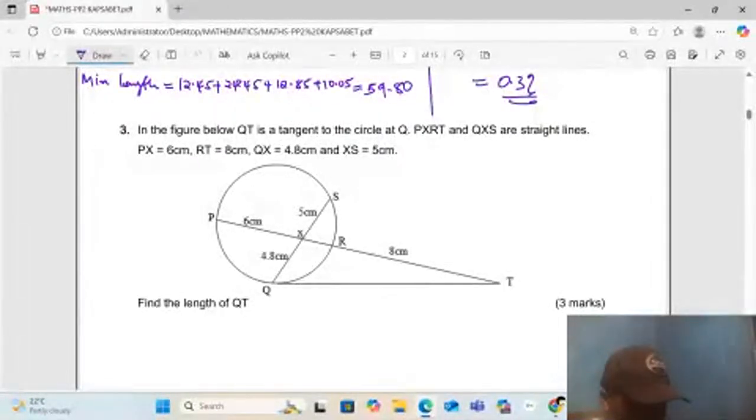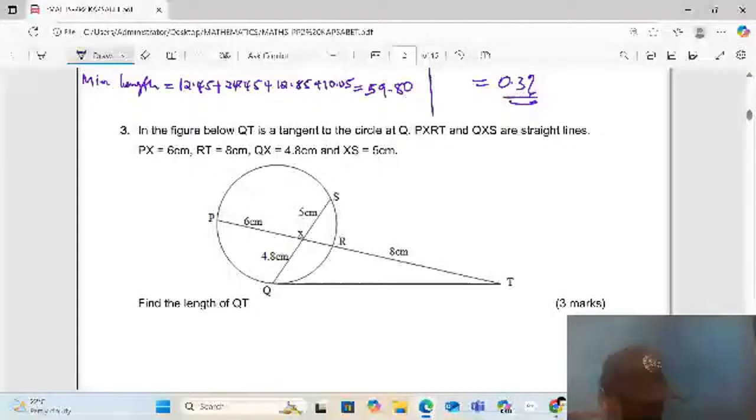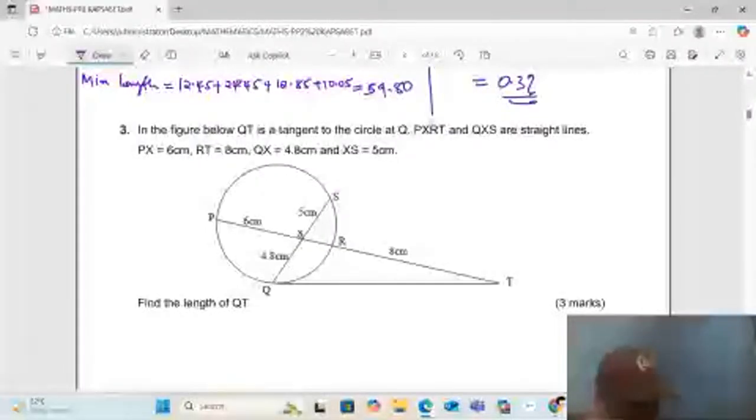PX is equal to 6 centimeters, QX is 4.8 centimeters and XS is 5 centimeters.